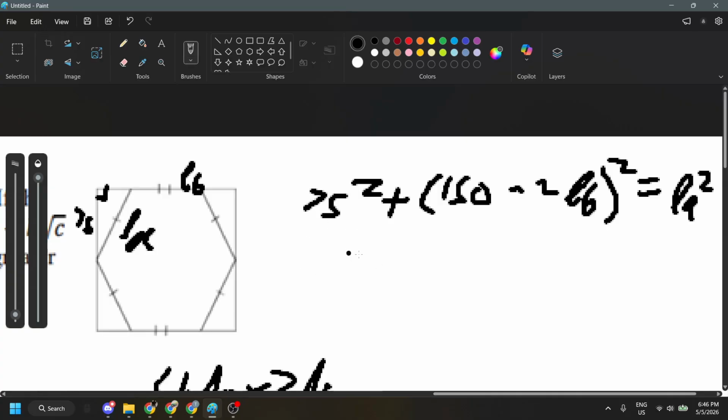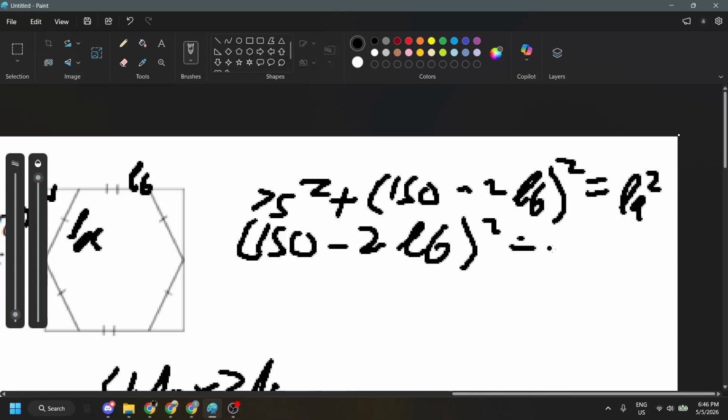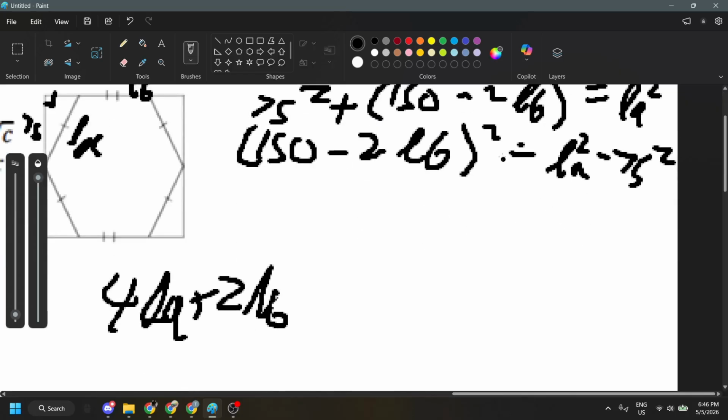So here, what do we know? We know 75 squared. We know 150 minus 2LB squared is equal to LA squared minus 75 squared. So that's going to be a big number.